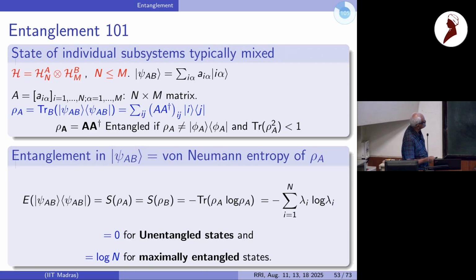So you can measure entanglement by looking at how mixed this reduced density matrix rho A is. For example, one of the standard measures is the von Neumann entropy of this density matrix rho A, which is calculated like this: minus trace of rho A log rho A. If you diagonalize rho A and get these eigenvalues lambda i, it's simply given by this sum.